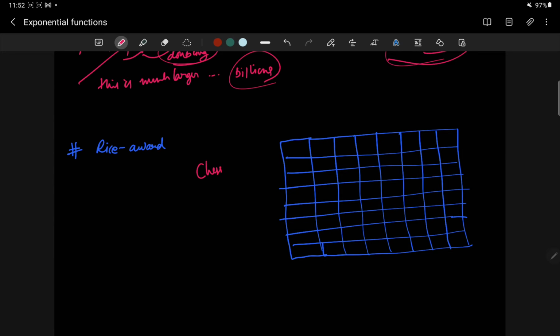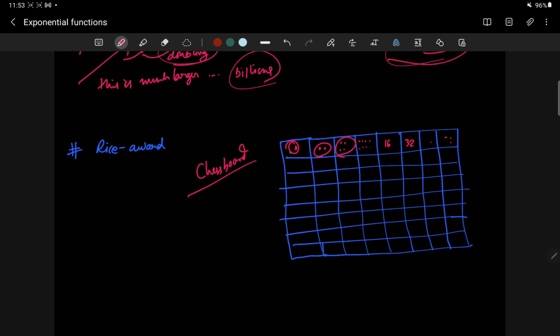He says, on a chessboard, I want 1 grain of rice, and then 2 grains of rice, and then 4 grains of rice, and then 8 grains of rice, and then 16, 32, and so on until you can fill the entire chessboard. And these are grains of rice you're talking about: 1 single grain, 2 single grains, and 4 grains. And so the ruler, when they hear this, is like, oh, sure, that's nothing. You're asking for a few grains of sand. And then he says, well, give this person whatever they want.